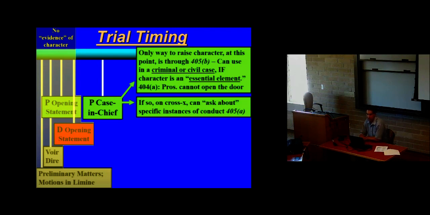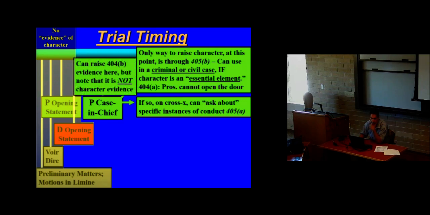So the general point is that in a plaintiff's case in chief, because it's civil, you can't use character evidence anyway, unless it's a minority jurisdiction and the civil case is criminal in nature, or if in a civil or criminal case, character is an essential element under Rule 405(b). If so, then you can use it, and the prosecution or the plaintiff doesn't need to wait for the defendant to open any door.